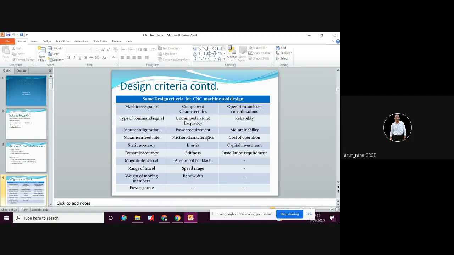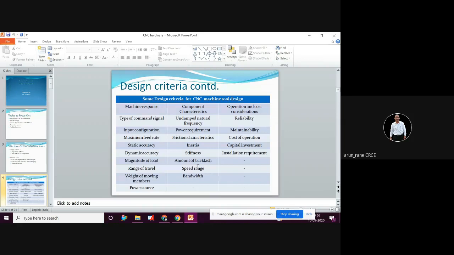So how to design that? Inertia, stiffness, backlash. Backlash is nothing but a play between nut and screw, the ball screw. If the play between the screw and the nut is more, then the motion will be what? Jerky, isn't it?